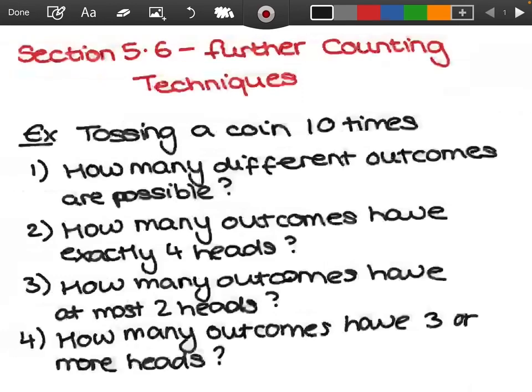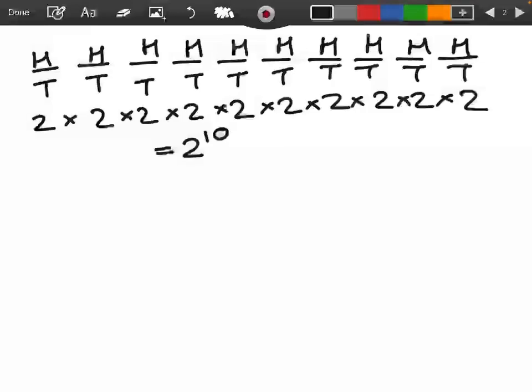The next problem looks at how many outcomes have exactly 4 heads. This comes down to our permutations and combinations. When we did that, we said that permutations always looked at things where the order mattered.